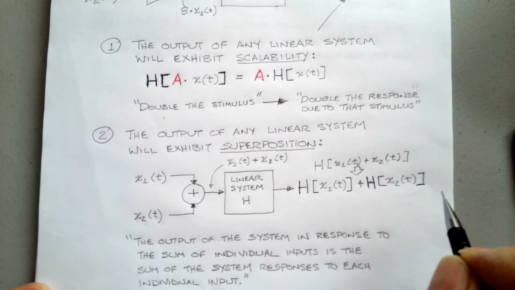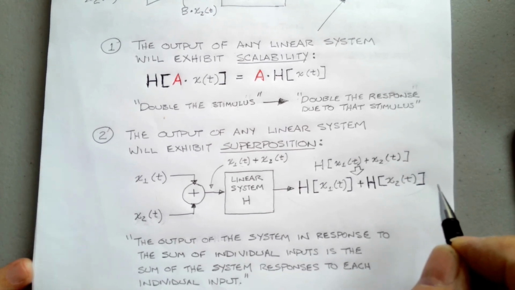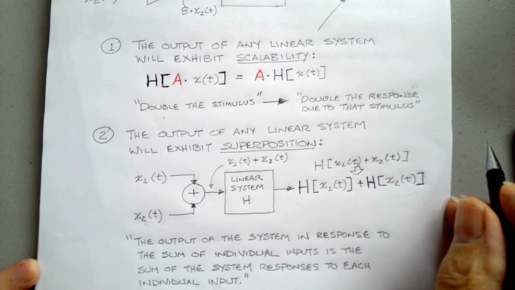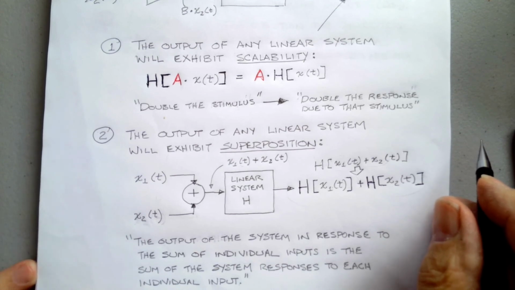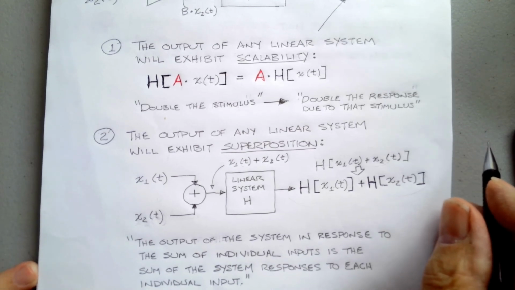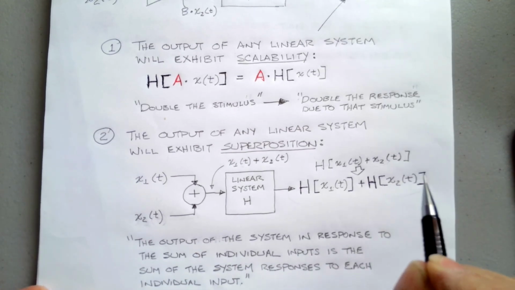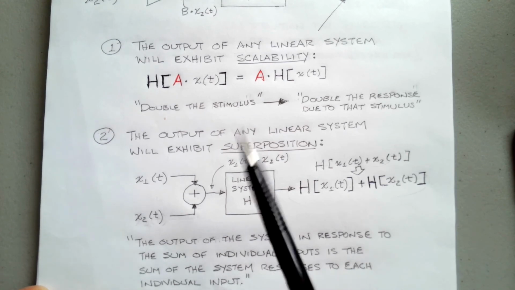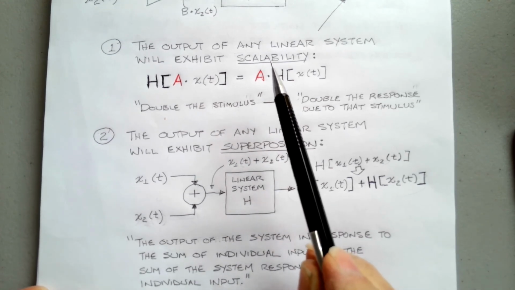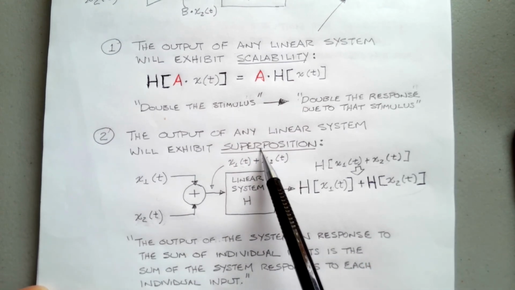So there are definitely portions of the signal path which we desire to be very linear systems. Other parts we don't, but in the parts where we do, they should exhibit scalability and superposition.